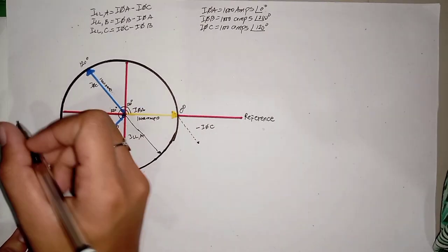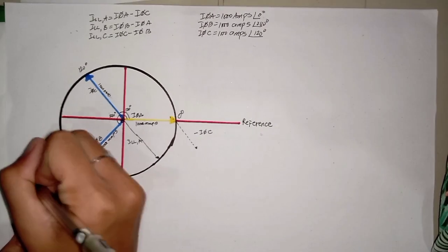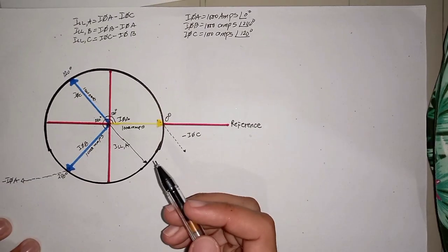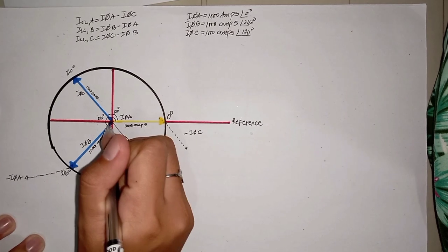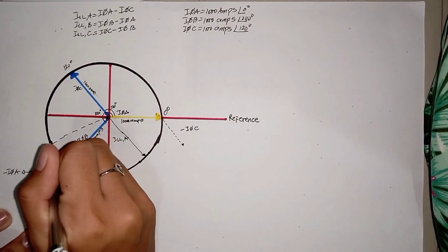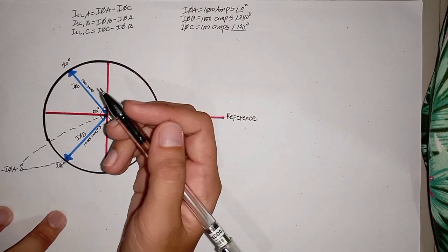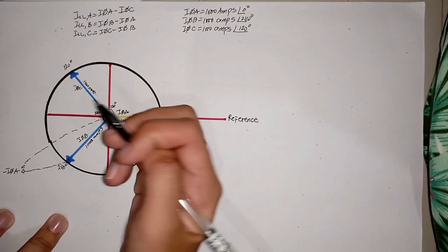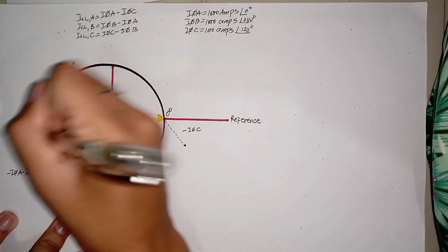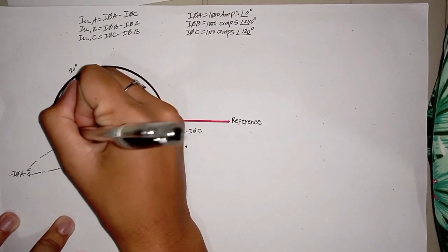This is our negative phase current A, so the resulting vector would be line-to-line current B.